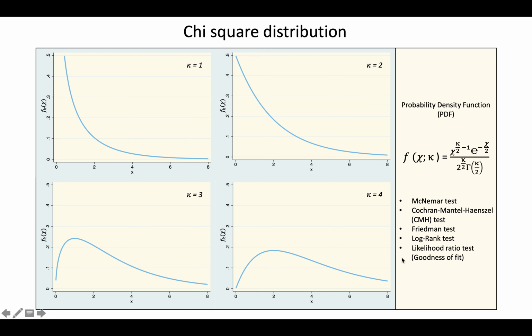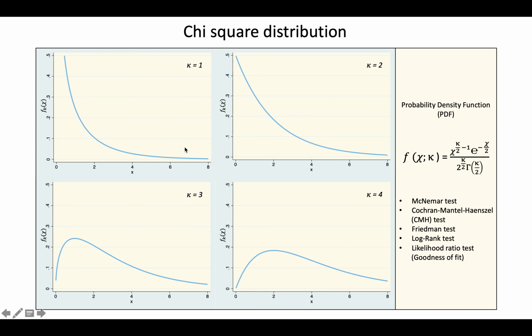So as you can see, many of the tests that we use in clinical research follow a chi-square distribution. And you can see here the PDF function, which is a little bit complex, so I'm not going to go into detail for this, but I use this equation to represent the curve for the chi-square distribution.